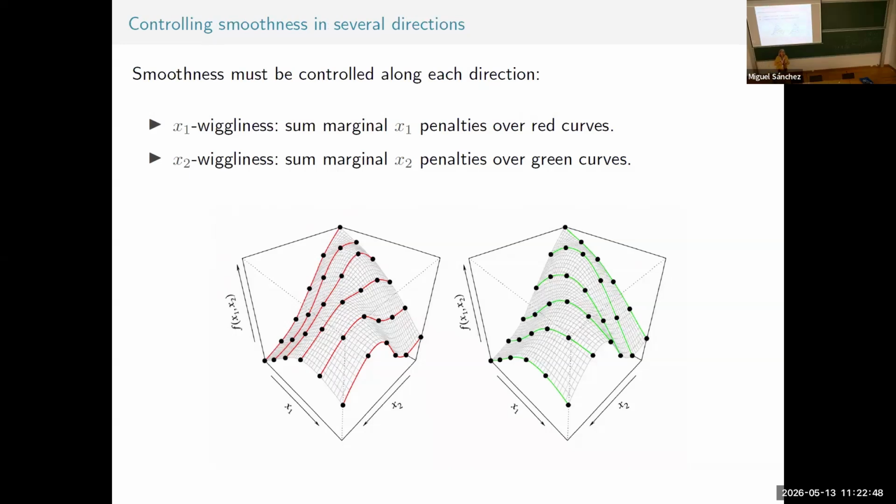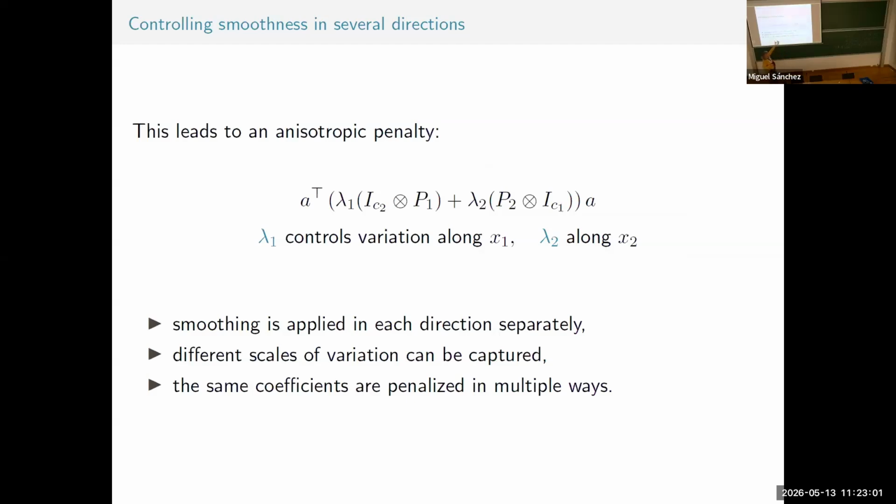But I'm going to allow a different degree of smoothness in each direction. This is something very important. I have a non-isotropic penalty: a smoothing parameter controlling one direction and another smoothing parameter on the other direction, but all coefficients are penalized in both directions.